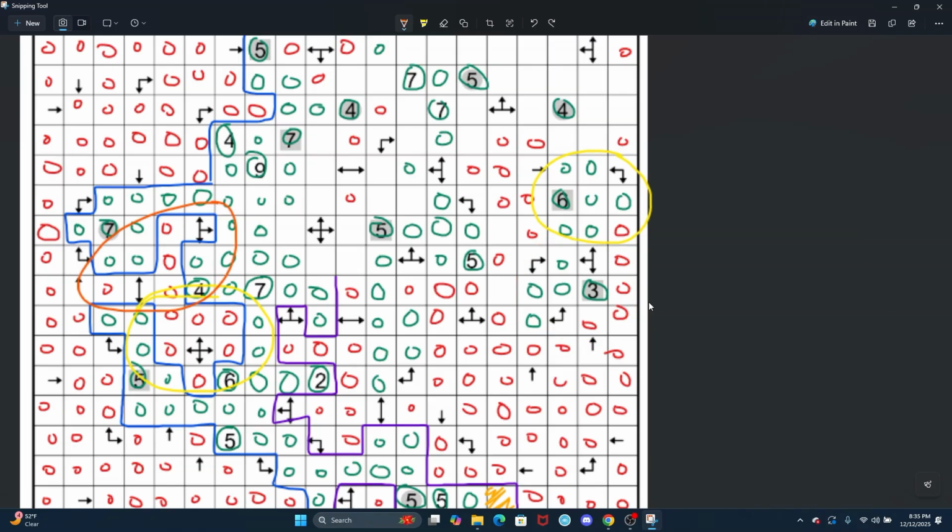No, that doesn't look right. But at least the yellow part matches. But I don't think the green part really matches. Okay, never mind that then.